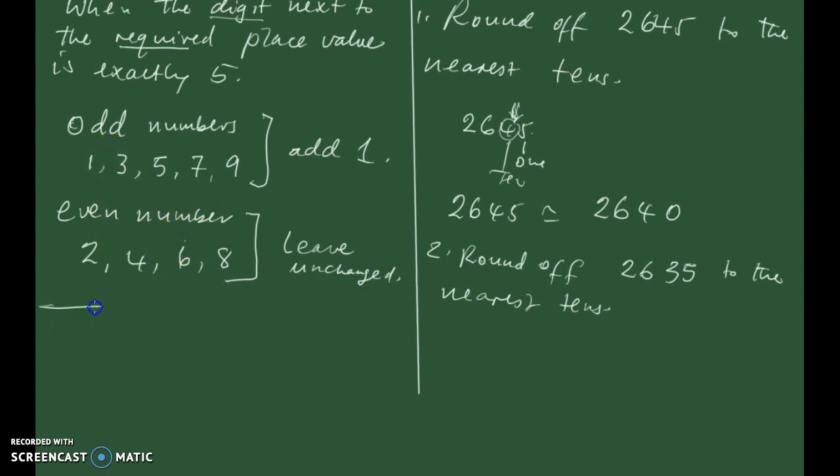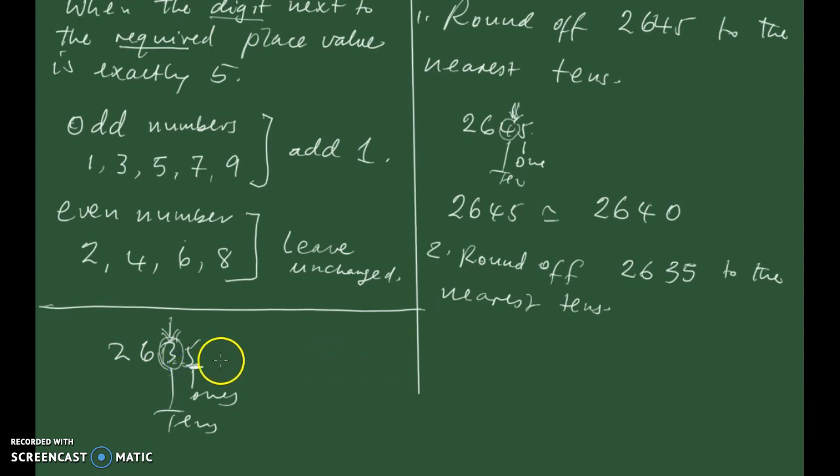For 2,635: ones, tens. So this is our interest here. Look, next to it we have 5, and because the number in the required place is odd, you add 1. So 2,635 will be approximated to 2,640. Alright, so that is it.